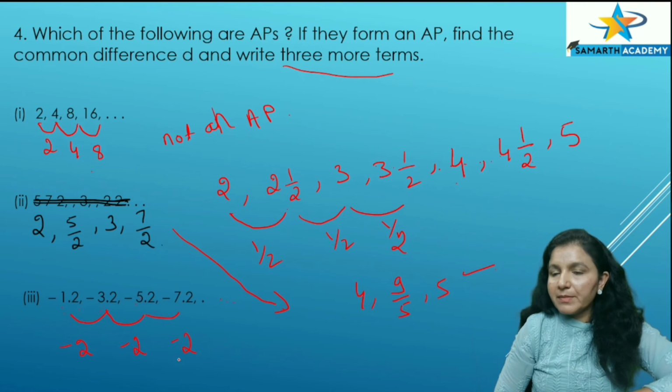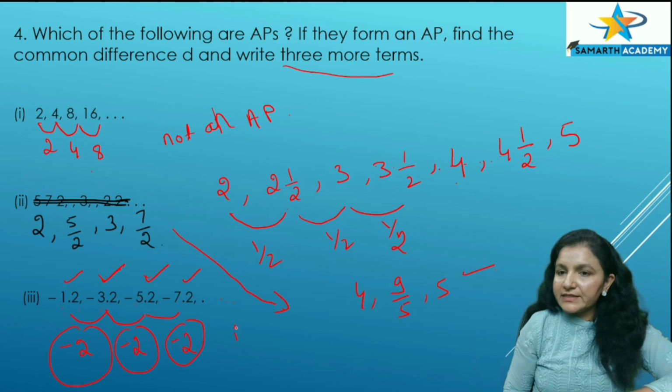Again the difference is minus 2. So what we are doing? We are subtracting second term minus first term. We got minus 2. Third term minus second term, again minus 2. Fourth term minus third term, again minus 2. Therefore it is an AP.